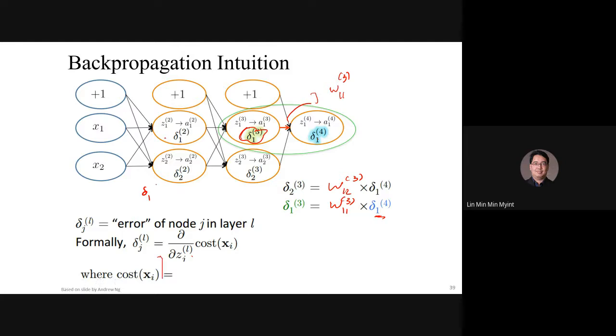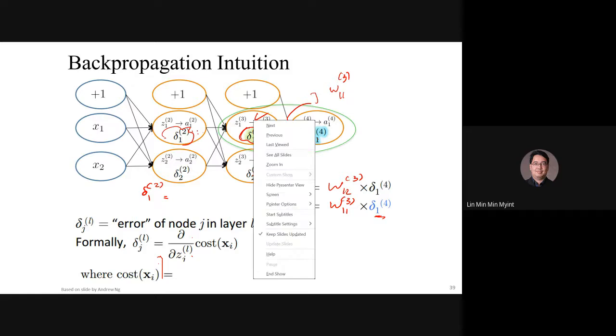And also for sigma 1 2, we have to consider the error. This node is connected to two nodes, so it has responsibility for the error of this node and the error of that node.